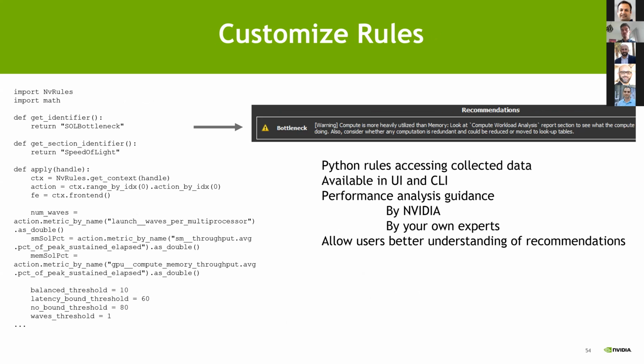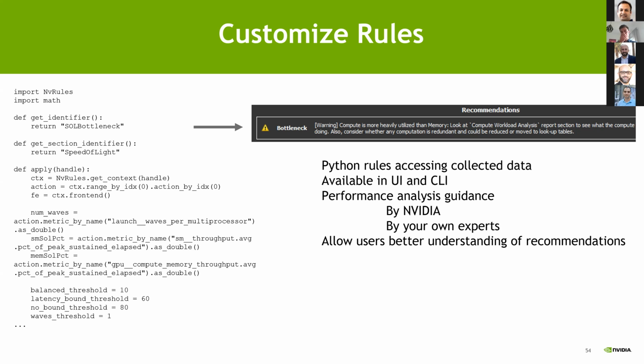And very similarly for the recommendations, the rules, those are little Python scripts that use a specific API called the nvrules API, which is also explained in the online documentation. They can be interesting for you to read, to see which metrics feed into a recommendation and what the thresholds or the decision tree leading to it are, or to adapt or add to your needs.